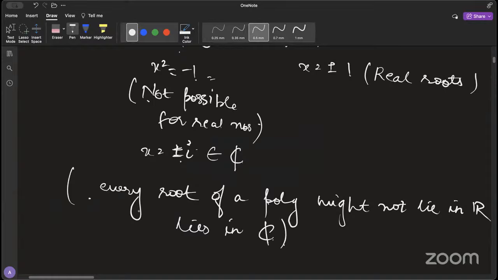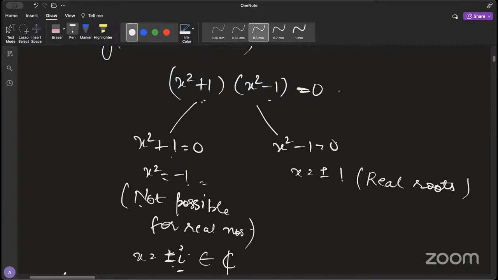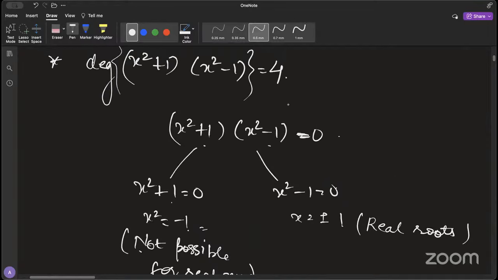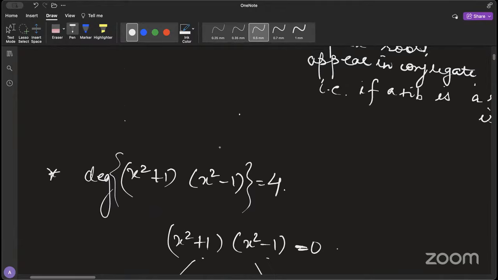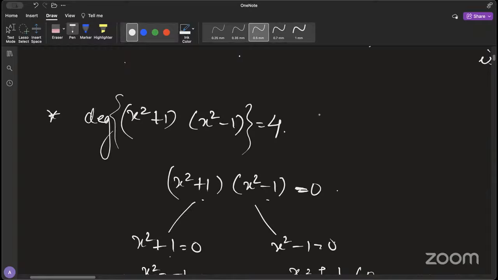but lies in the set of complex numbers. Like this one, it might not be in your real numbers set, but it will be in the complex numbers set. Now this one, the degree is 4, out of which 2 are real roots and 2 are complex roots, right?